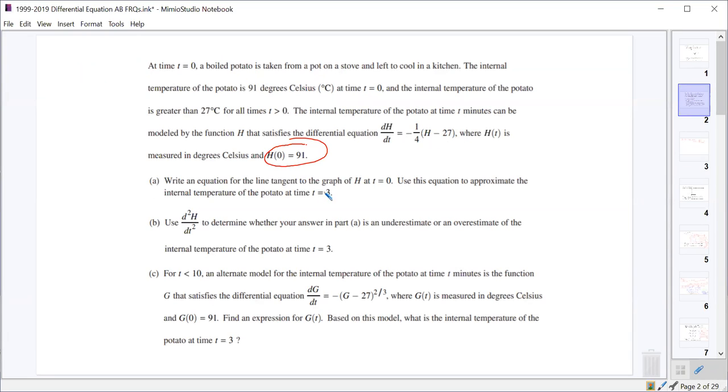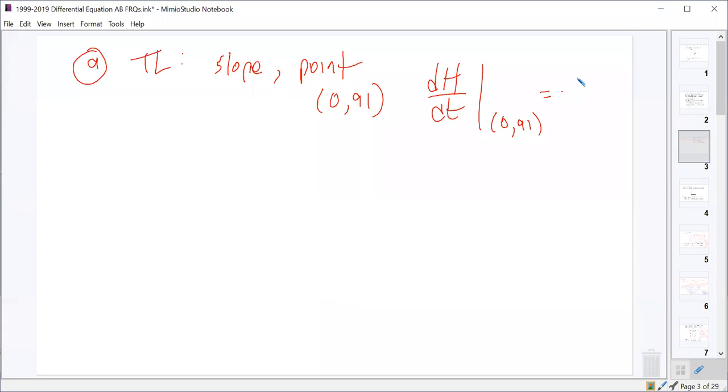There's no t involved in it, right? It's just negative 1/4 of 91 minus 27. And 91 minus 27 divided by 4 should give us 16. And so this is negative 16 for our slope.